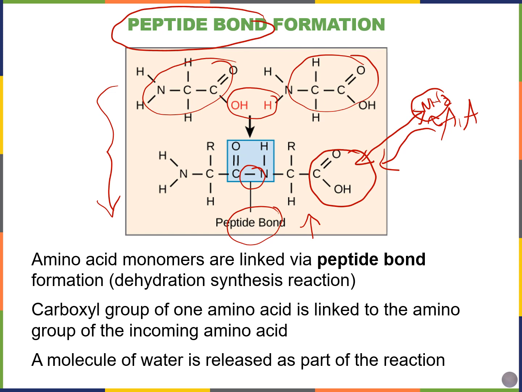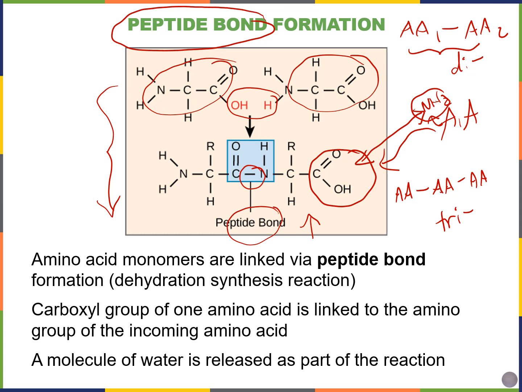If you have 2 amino acids linked together by a peptide bond, so let's say I have amino acid 1, amino acid 2, we call this a dipeptide. It's a really short molecule. If we have 3, so if we had 1, 2, and the third one linked together, we call this a tripeptide. Tripeptide, dipeptide.